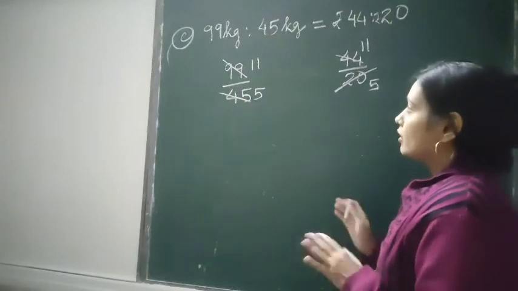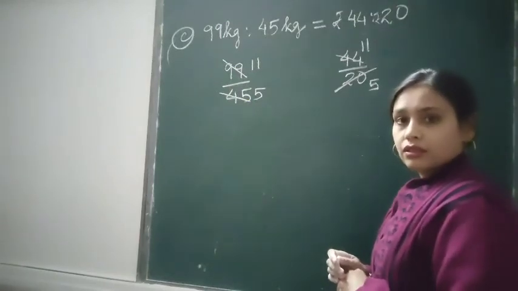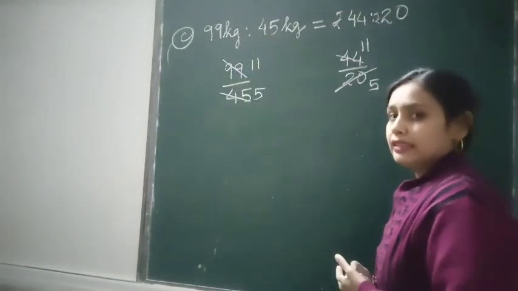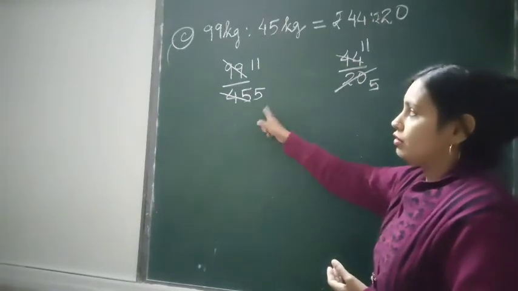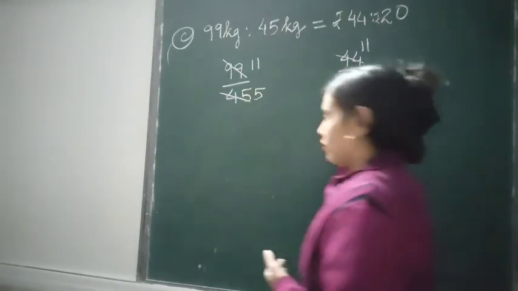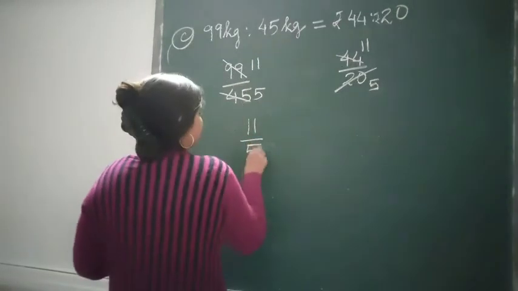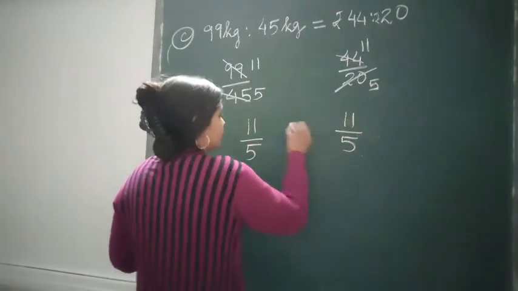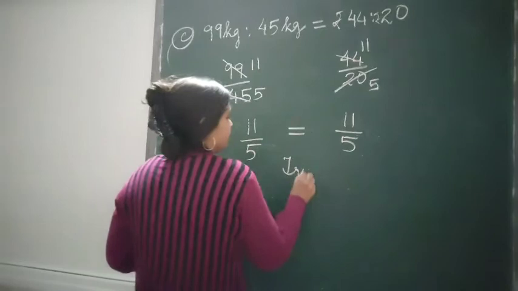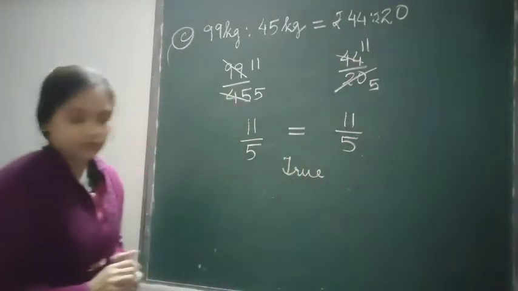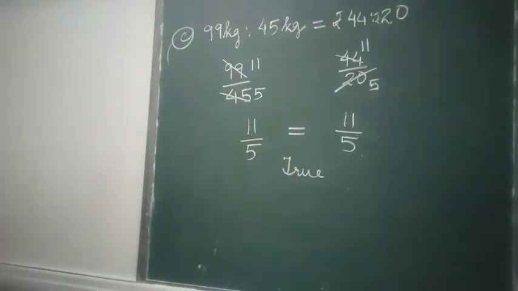Are the ratios equal? Yes. We got 11 by 5 here also, 11 by 5 here also. Answer should be true. So this completes the C part.